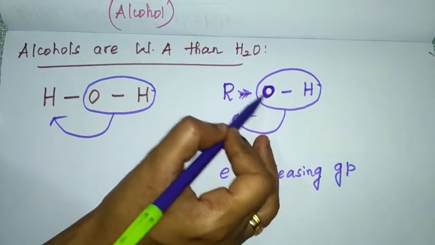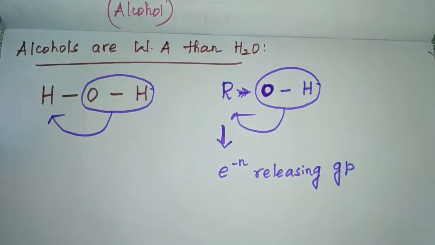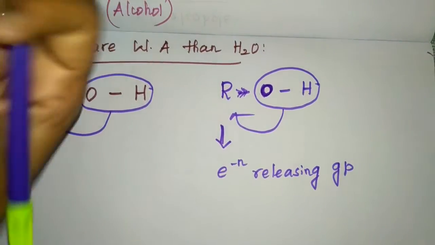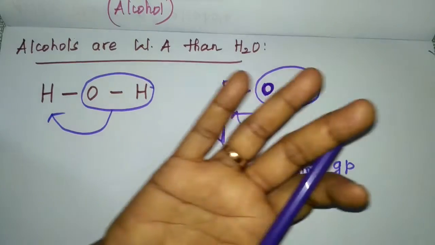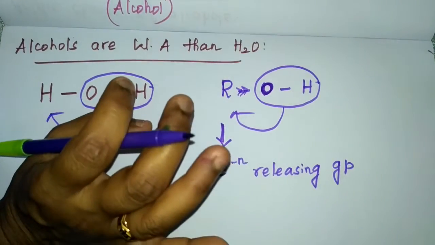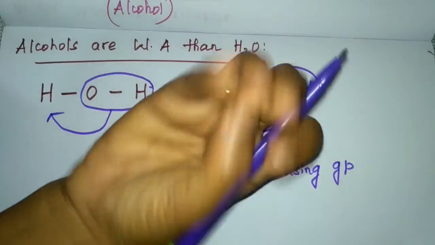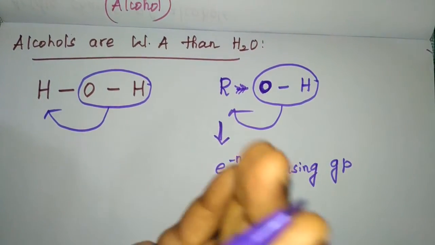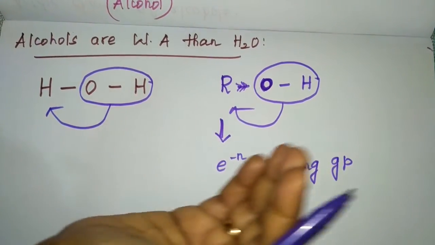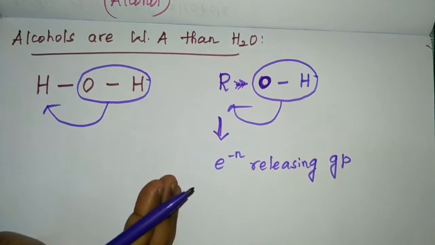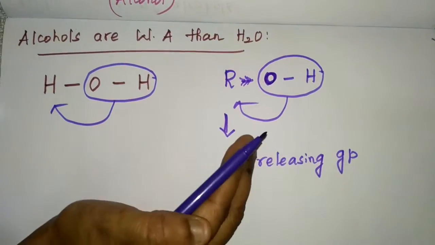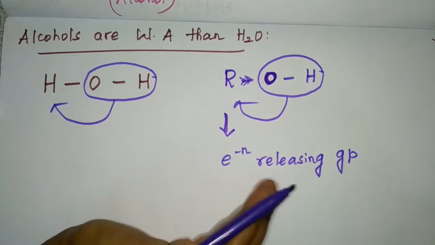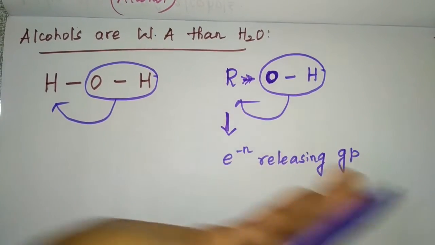And if it is not taking it, it will be very difficult to release H plus ions in that alcohol. This is why alcohols ionize to a less extent, and the acidic strength is also very less compared to that of water.